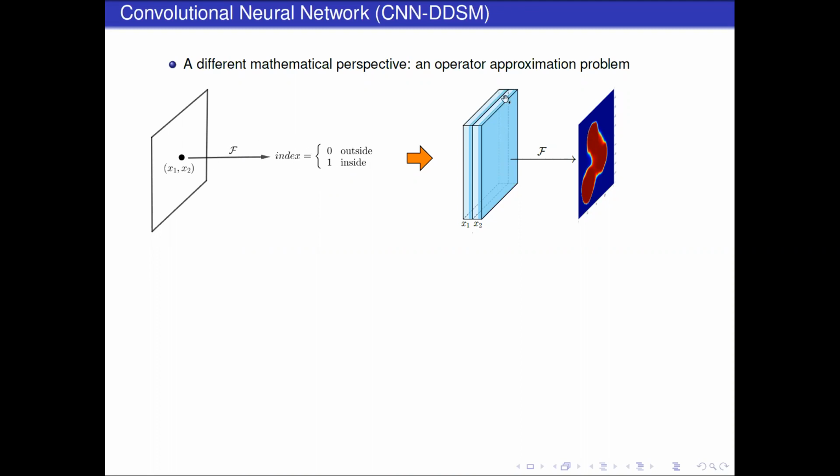But now what we want to do is put the entire data function into some nonlinear mapping and make it produce the entire inclusion distribution. This is really an operator learning problem, because the input and output are both functions instead of just vectors. They are functions.